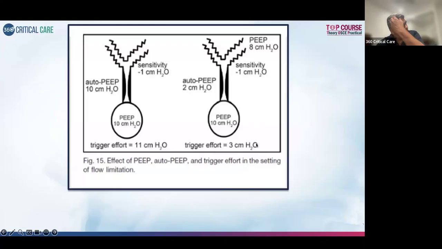So sometimes we put an extrinsic PEEP of around 80%, 70% of the intrinsic PEEP, to see whether the airway gets splinted, doesn't collapse, and allows some better air entry compared to keeping them at 0 PEEP or minus PEEP. So sometimes the extrinsic PEEP helps, which is called the waterfall effect. So you put around 80% or 70% of the intrinsic PEEP externally so that patency is maintained and this airway is splinted.